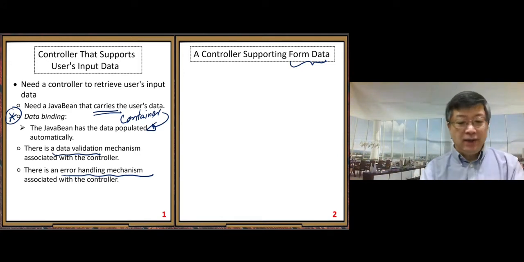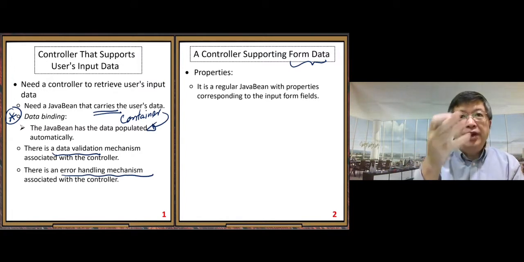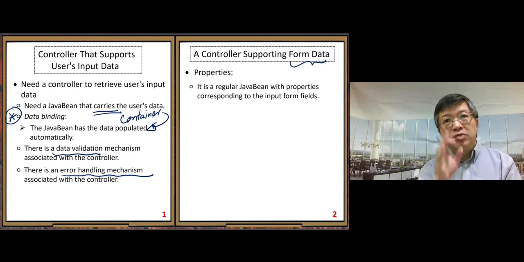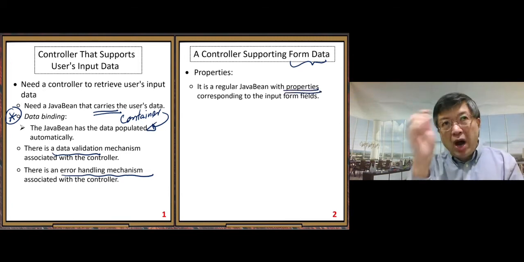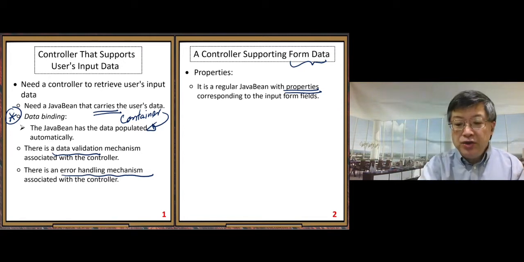The properties: first, the Java object we use to carry the data is a regular Java bean with properties corresponding to the input form fields. The Java bean properties are used to match the user's input form fields.